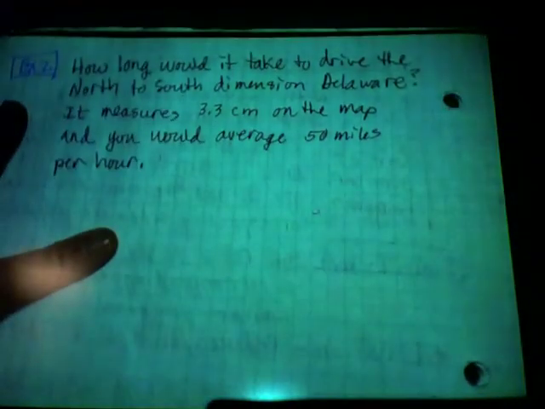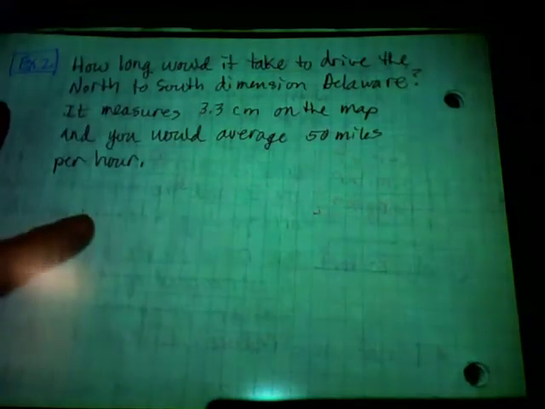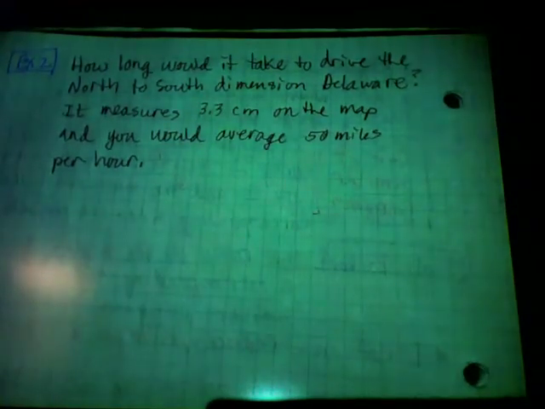So that's typical of something I would do. Look at the map and go, oh, that's only a little over 3 centimeters. It won't take us very long. It's so tiny on the map, right?